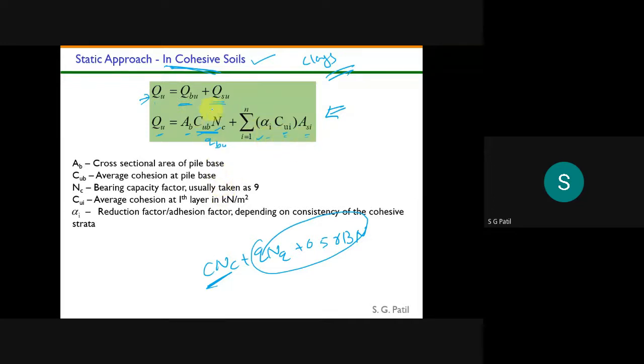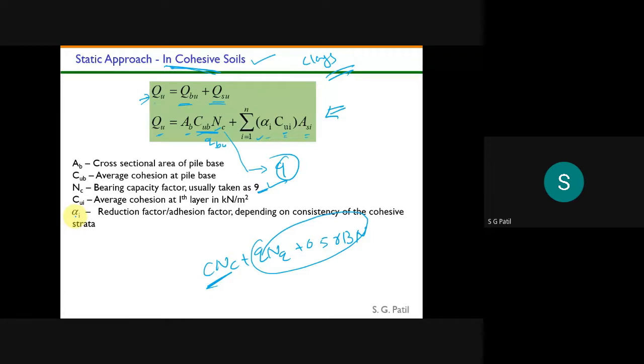So usually in clay type of soil, this NC value will be 9. So you should take NC as 9. And alpha is nothing but the reduction factor or adhesion factor depending on the consistency of your cohesive strata. These values, anyway, you will get from IS 2911.